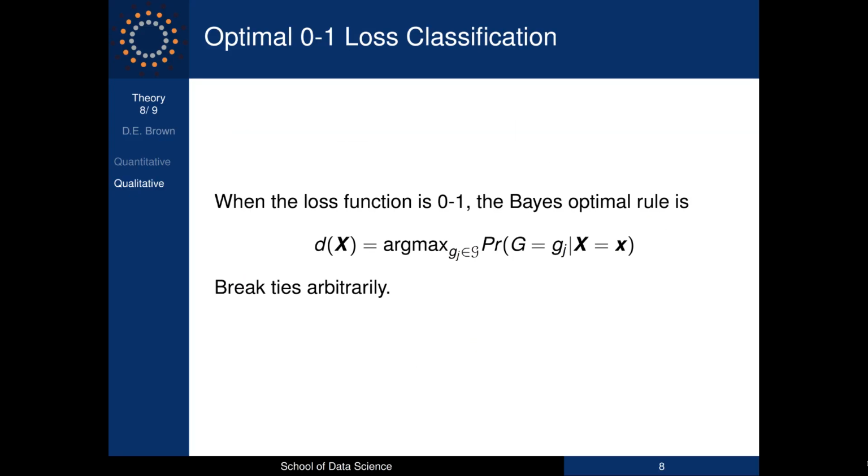Now, it turns out that when the loss function is 0-1, the Bayes optimal rule is particularly easy. It just says we're going to pick the most likely of all the possible outcomes. So given the set of performance values that we observe on this student, we're going to pick either admit, deny, or waitlist based upon the one that is the most likely. Which one is the most likely choice for this particular set of observations?